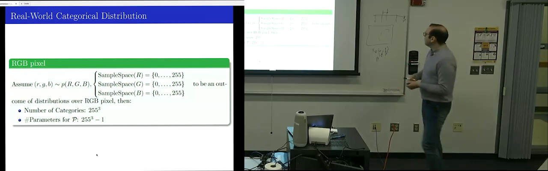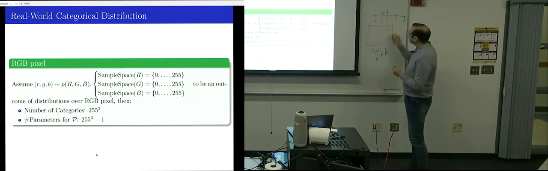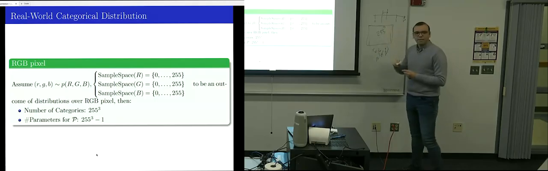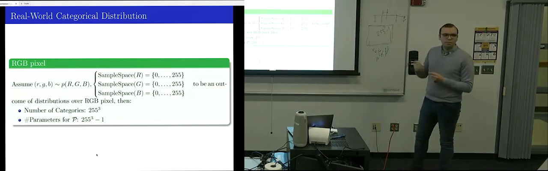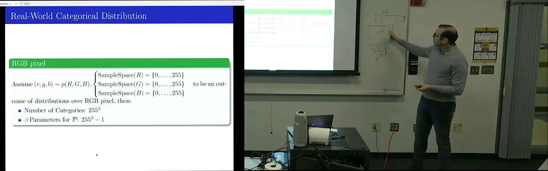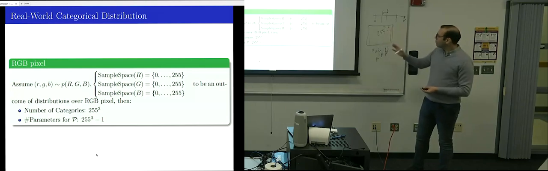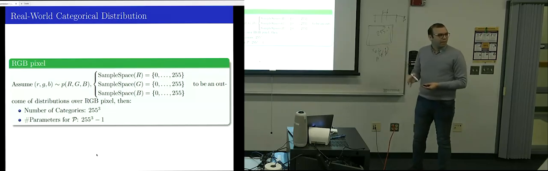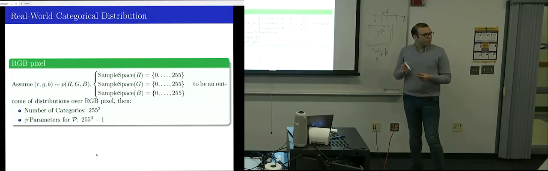As you know, the number of parameters for one pixel for the total space is 255 to the power of 3, minus 1. Why minus 1? Because the summation should be equal to 1. So even for one pixel, you must limit the family. So selecting the family is one of the most important tasks you have here. Okay?